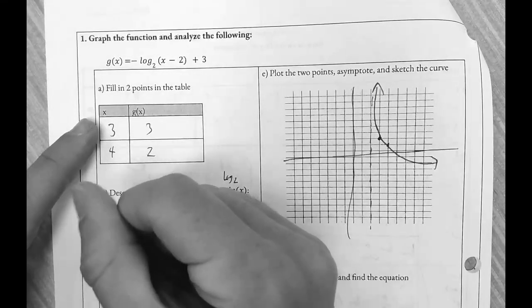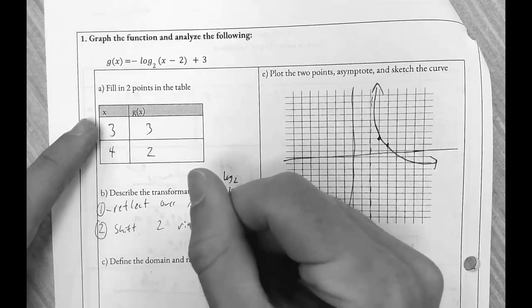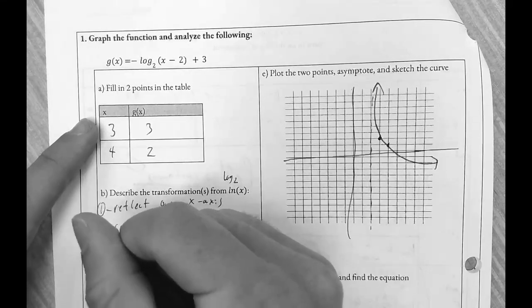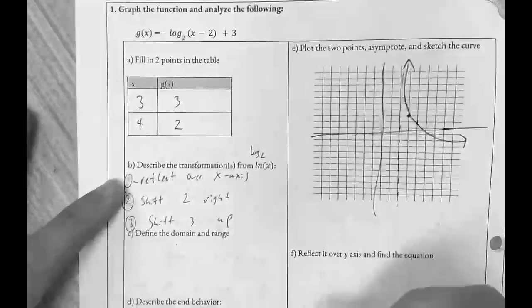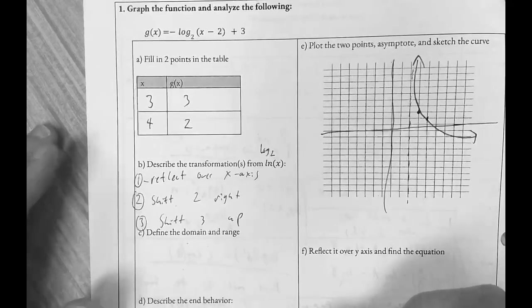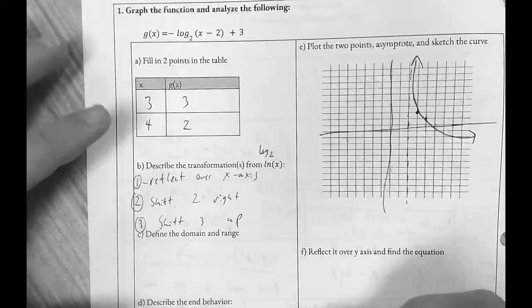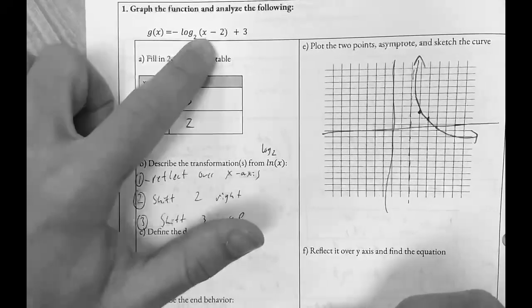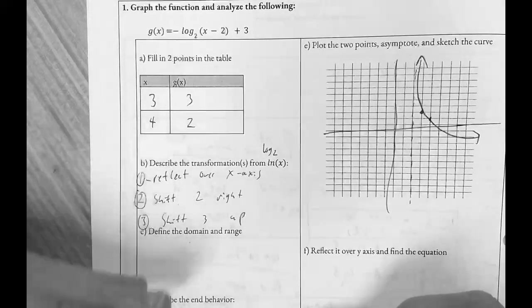Then 2, shift to the right, and then 3, shift 3 up. The order does matter here, because if you reflect after you shifted up, it would be a negative 3. So I'm addressing the reflection first, then moving to the right, then moving it up. Make sure it works when you apply these.